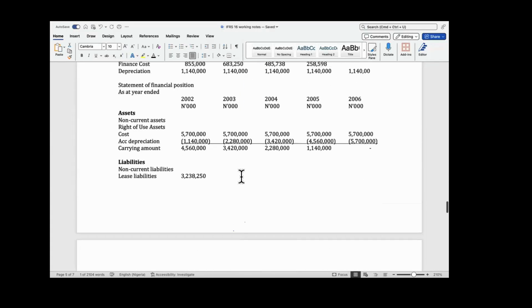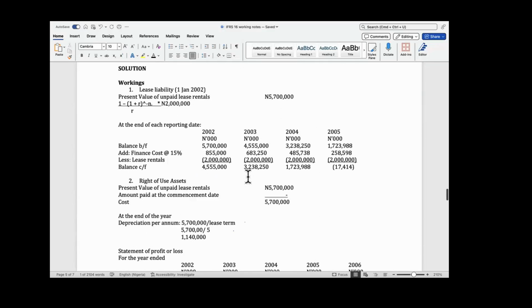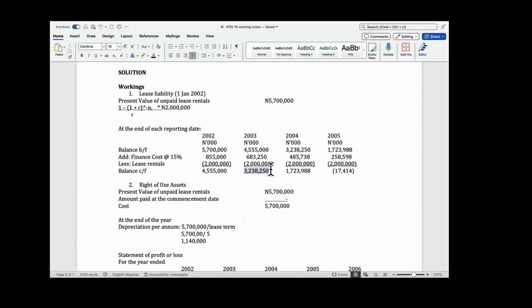In year 2, our lease liability is 3,238,250. Again, we need to separate this amount between current and non-current. The current is the portion you are going to pay next year.